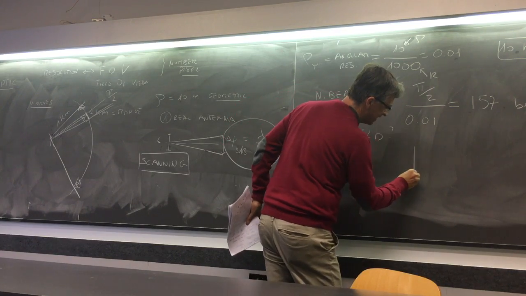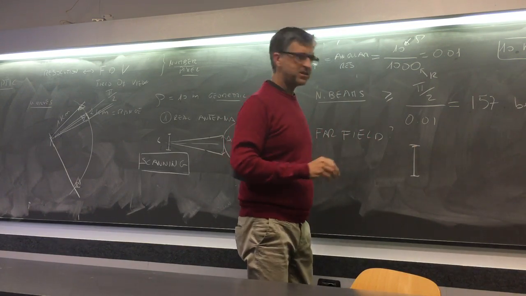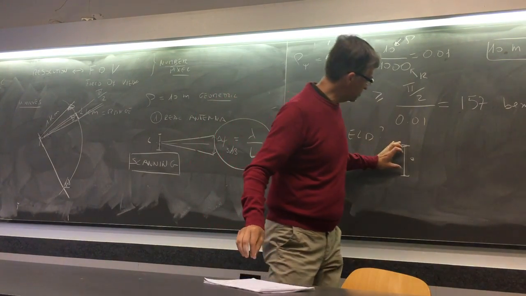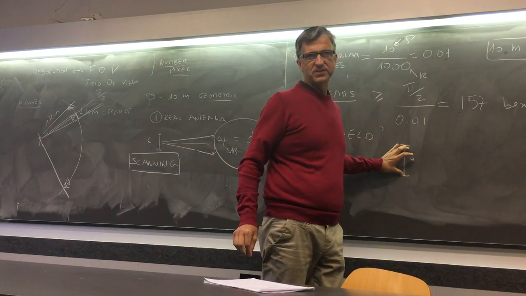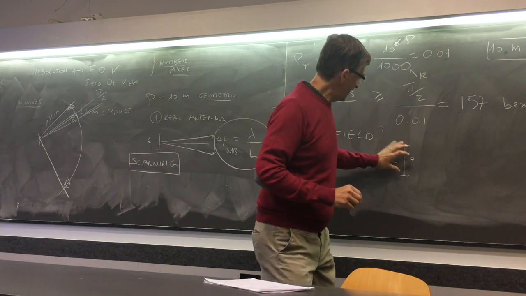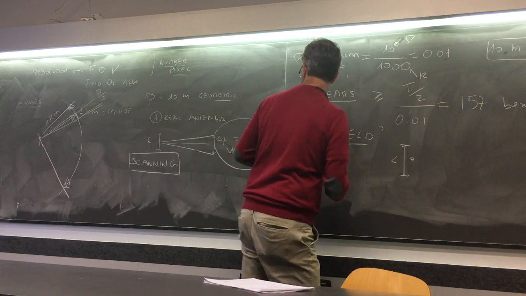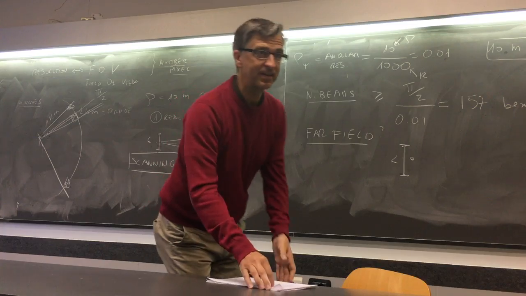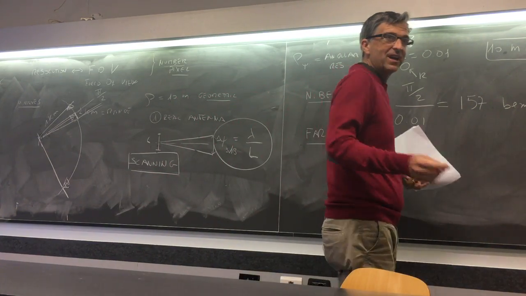Because if you are in a near field, so the antenna is here and you are here, you cannot expect the resolution to be lower than this number, of course. The far field tells that your resolution should be much larger than the aperture of the antenna, otherwise your resolution is L, of course.